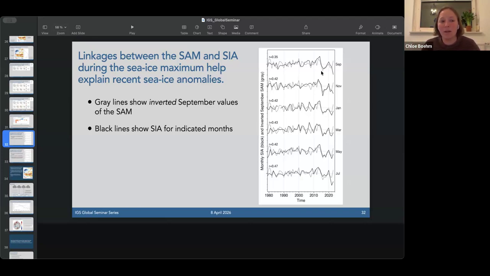Even if the SAM switches phase to a negative, it maybe doesn't have as much weight from just one year or one month of a particularly strong anomaly as what we're starting to build up now in the ocean.